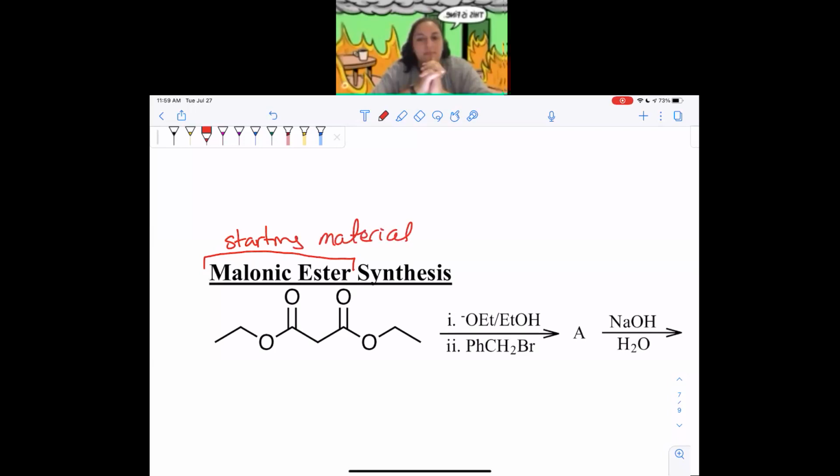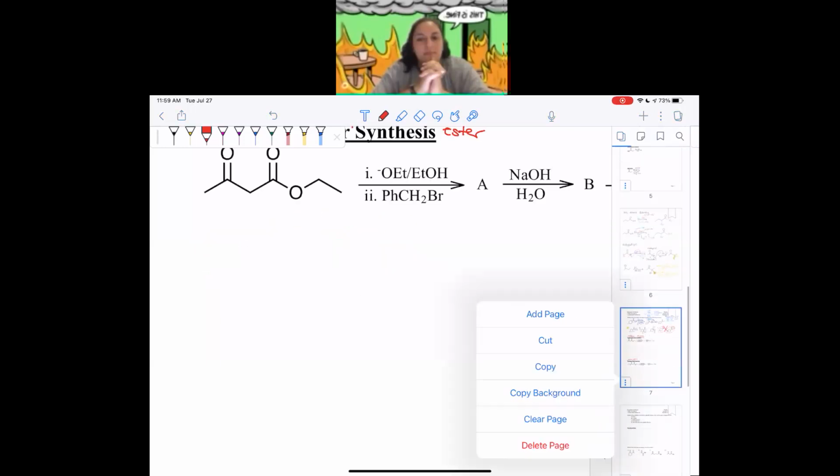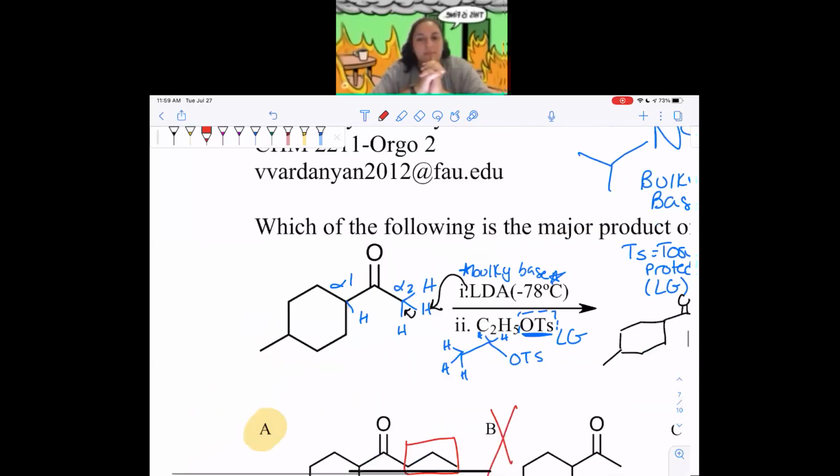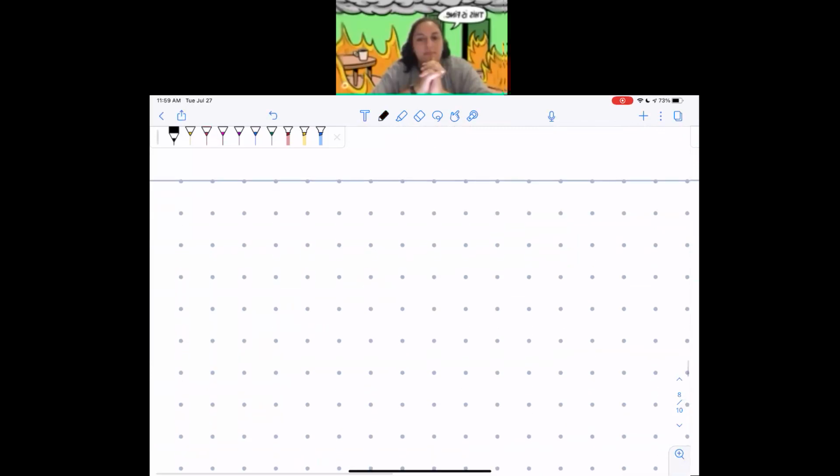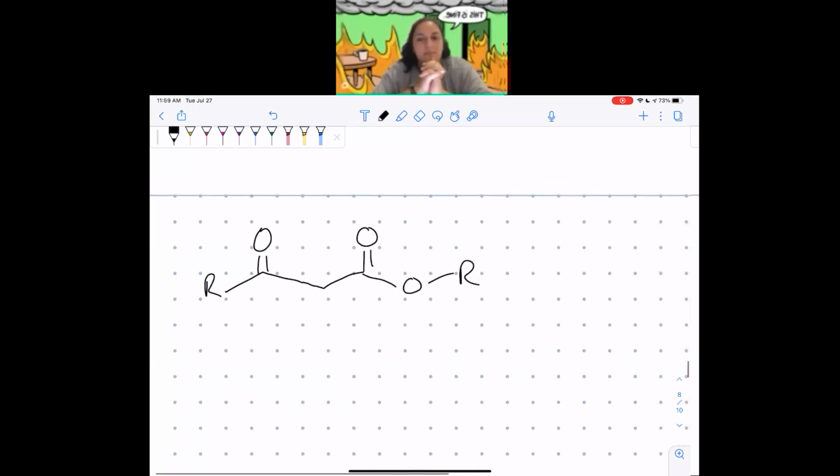So before I show you the reaction, we're gonna go over some naming stuff that tends to confuse people. I'm making a new page, so don't mind my weird scrolling. So this is the most general way that I can show you the functional group. And this is a beta keto ester.